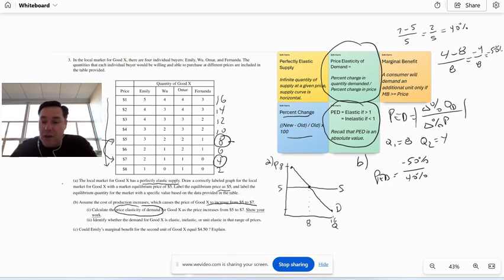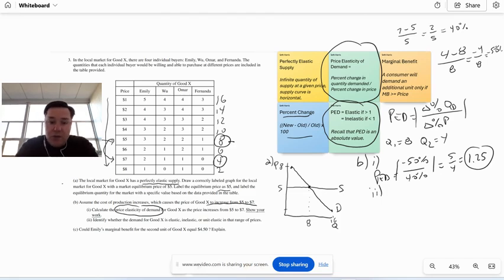So that is going to go in the denominator of our PED. Notice we don't need to worry about the negative 50% because we're looking at the absolute value. So essentially what we end up with here is 50 over 40, which equals 1.25. All right, so that should be our answer here for part 1 of B.